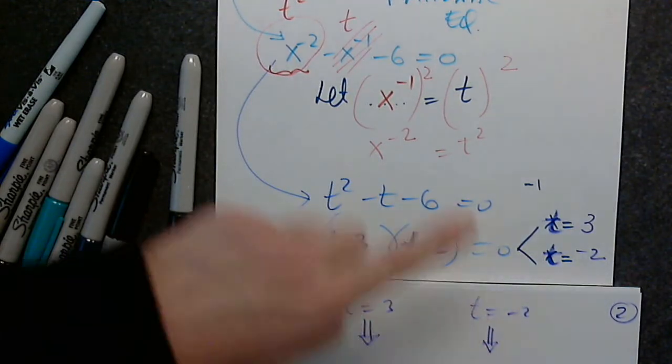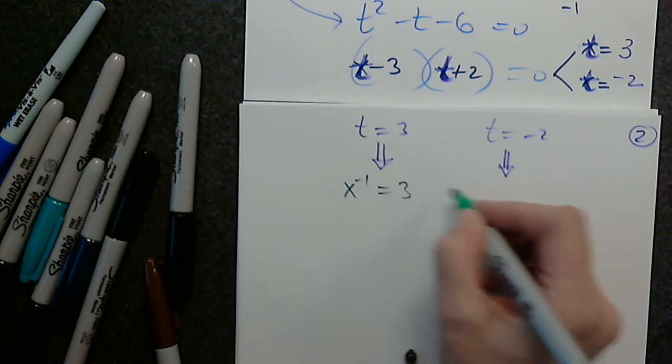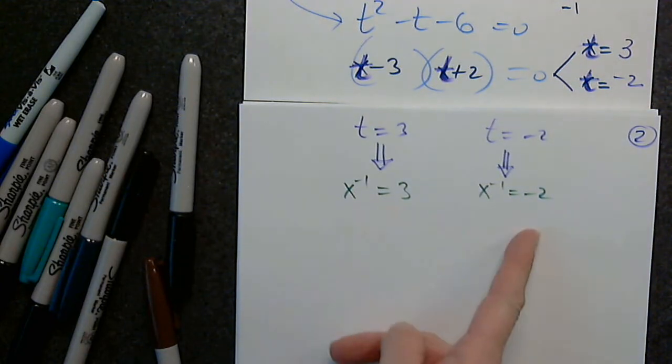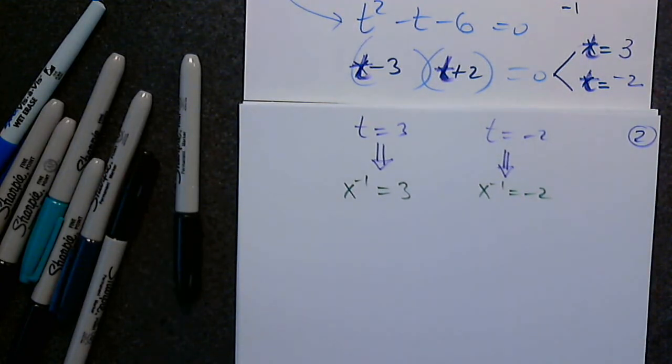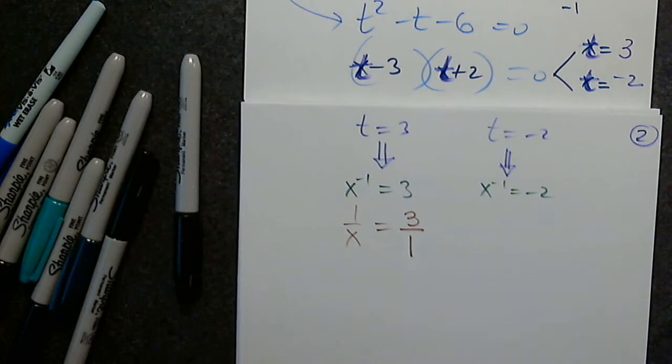Very good. Now, how do I solve this? Well, I have to change it back into a fraction. I have no choice now. So, one more time, what is x to negative 1? Very good. Equals 3, or 3 over 1.